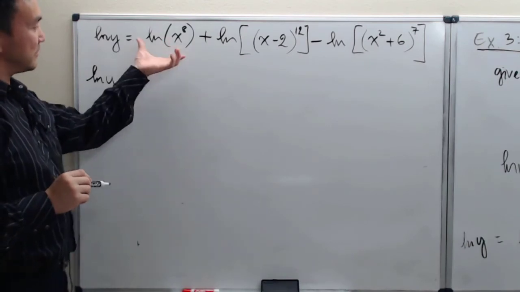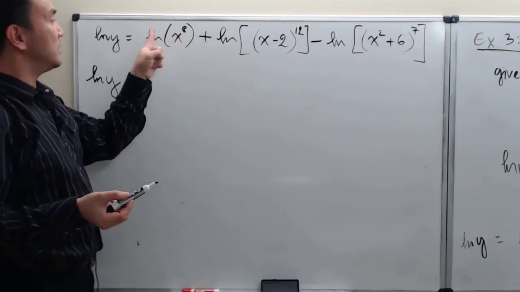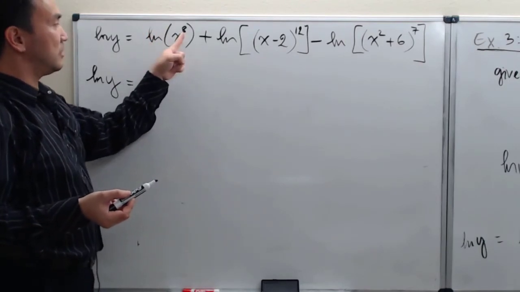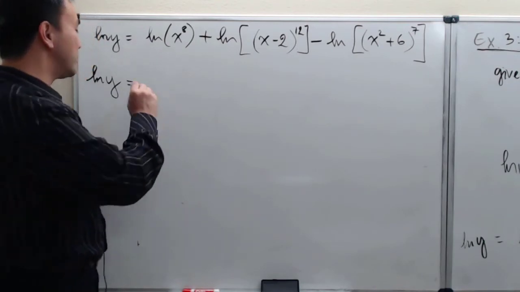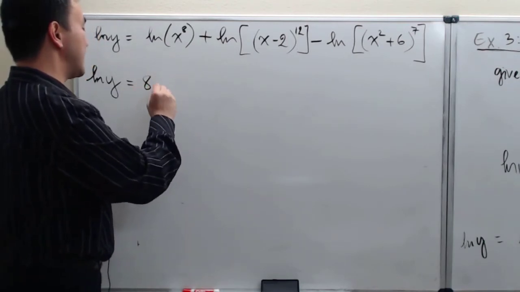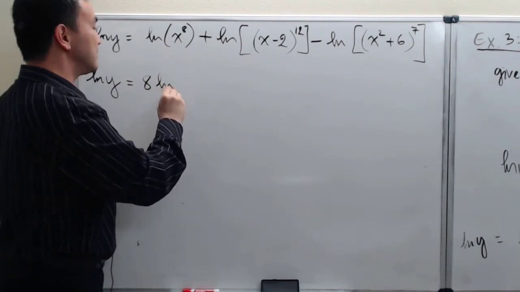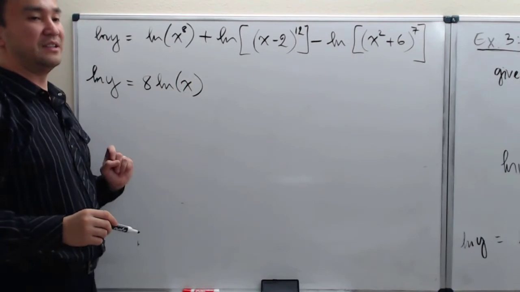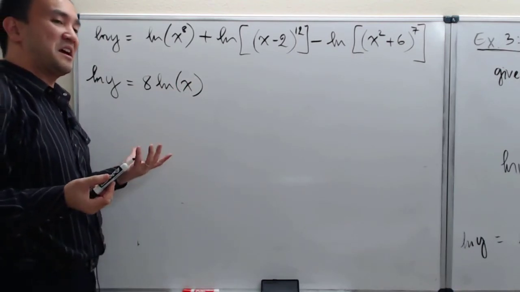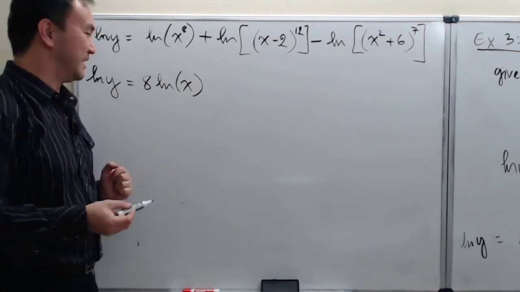This first term, natural log of x to the 8th, so now we recall that in the rule for taking logarithms, we are allowed to bring the power to the front. It's not the power rule of the derivative. I have to remind everyone of that again. But after bringing down that power, our term becomes 8 times natural log of x, with just power 1 here. Usually I might say, no power displayed means power 1.